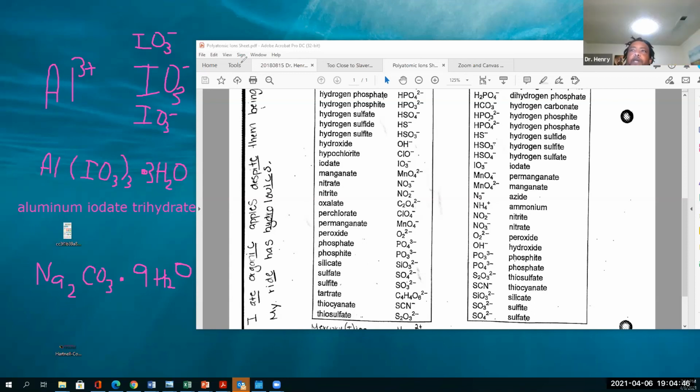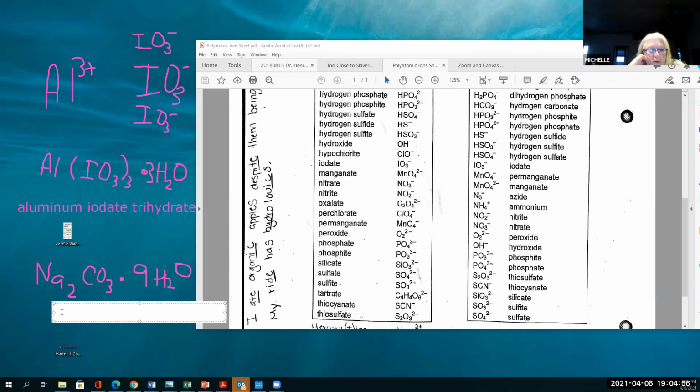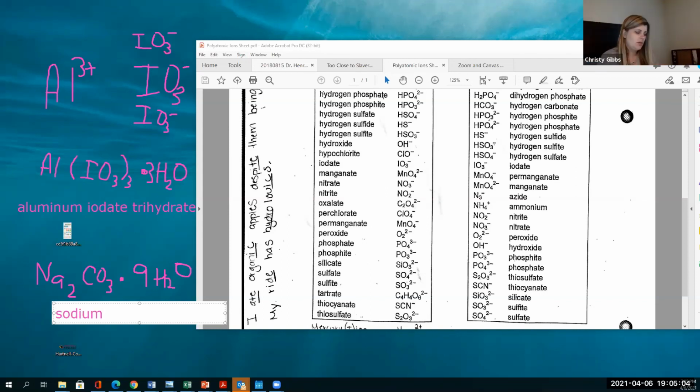Okay, what would be the name of that one? Sodium. Carbon. It's capital C, capital O3.